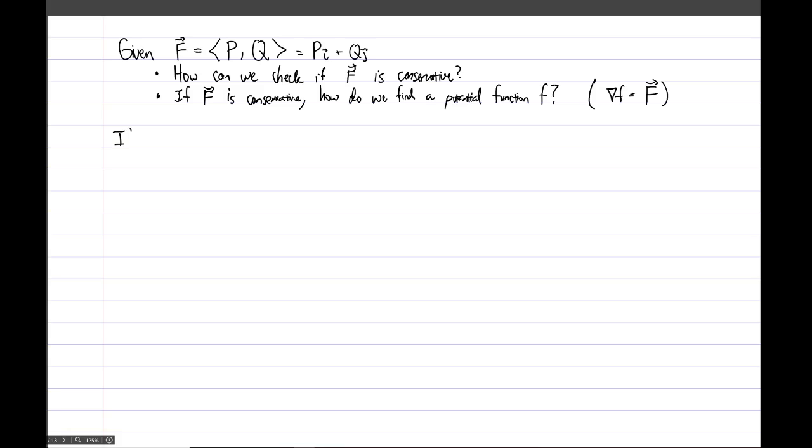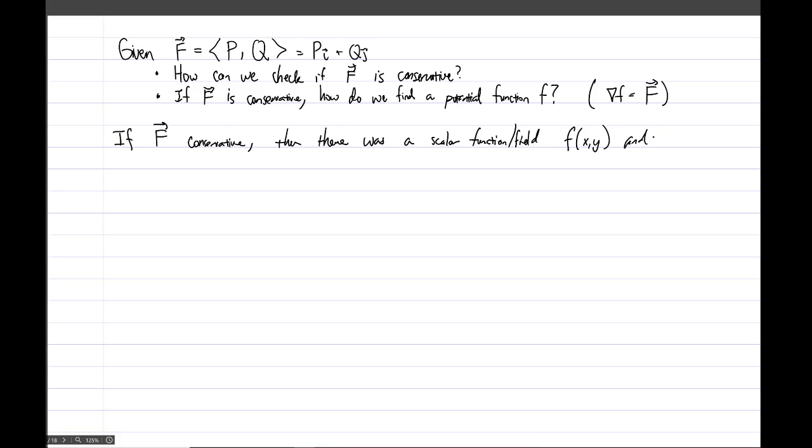Well, here's the way we're going to answer it. It's a little backwards, but let's just start with the assumption that you had an f that is conservative. If f were conservative, then there was a scalar function, or scalar field if you'd like to use that name, lowercase f of x comma y behind it.